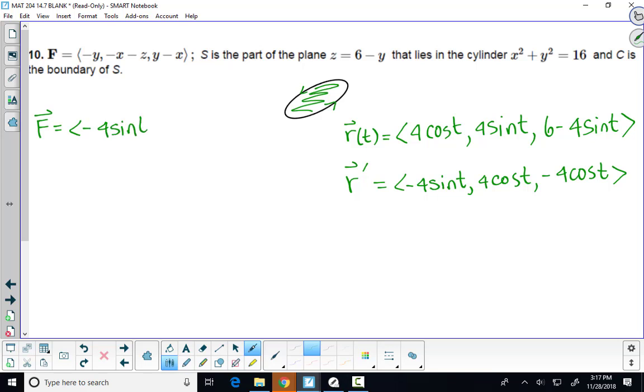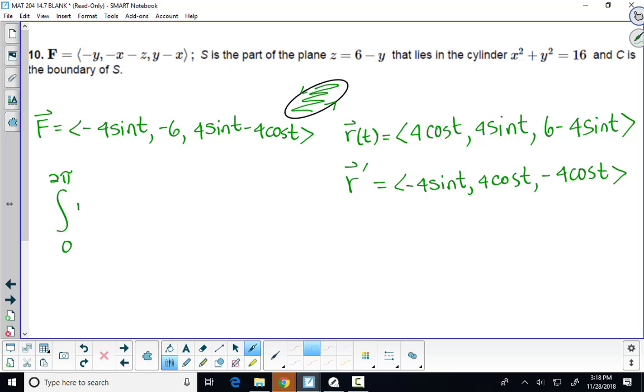We have minus Z and minus X, so we have to combine those things together. So it's X plus Z times minus 1, so minus 6. Do you agree with minus 6? Yeah. And then Y minus X is going to be 4 sine T minus 4. There we go. Then the integral, T goes from 0 to 2 pi, and we dot those two together, F and R prime.